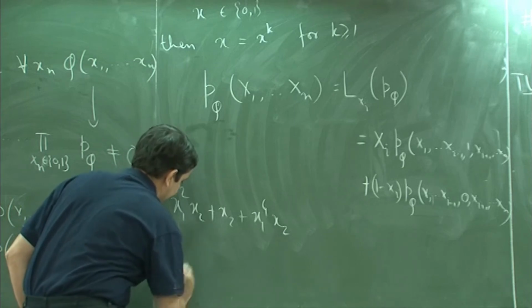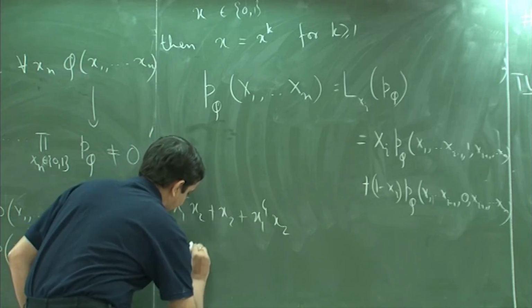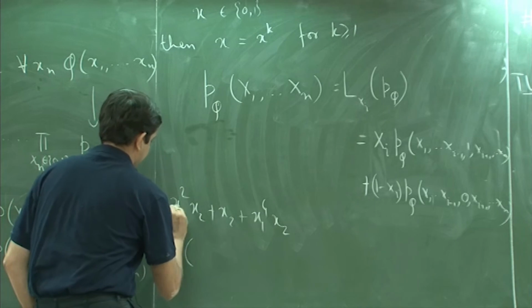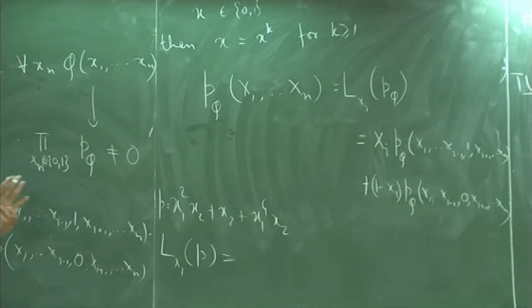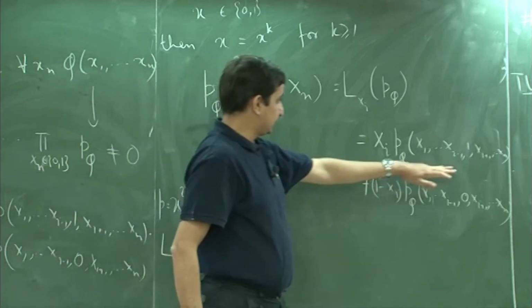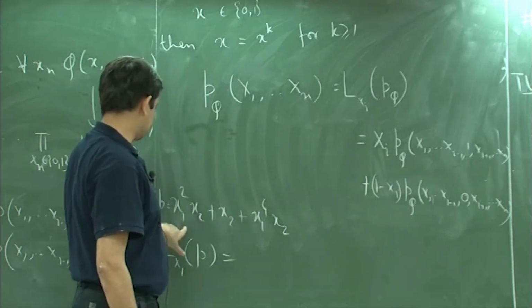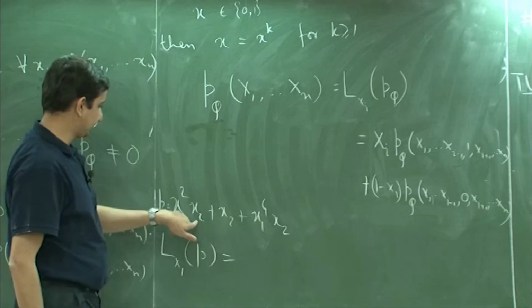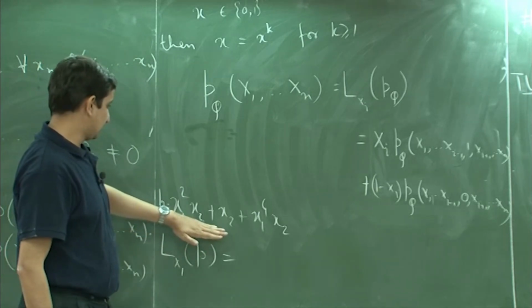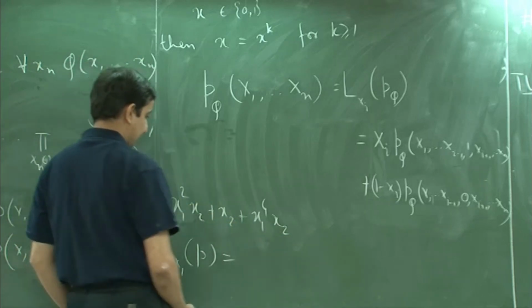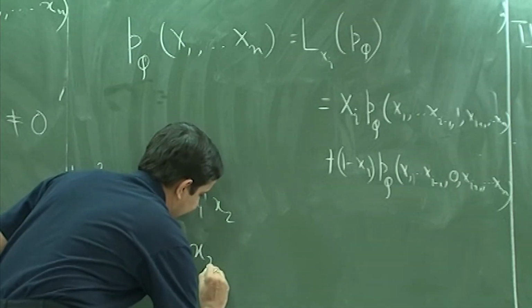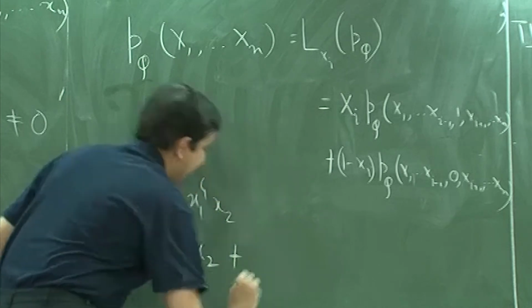What would L_x1 of p be? First we substitute 1 for x1. If we substitute 1 for x1, we have x2 plus x2 plus x2, so we have 3 x2.